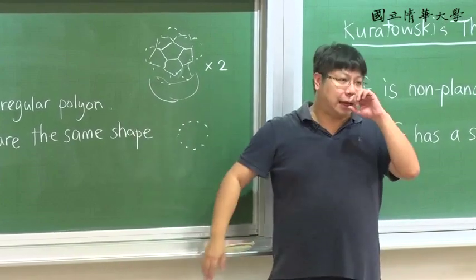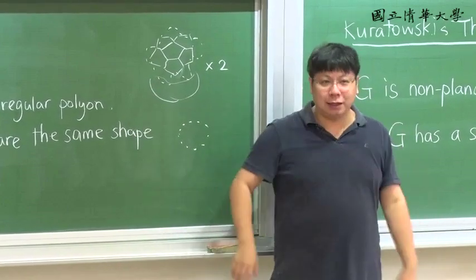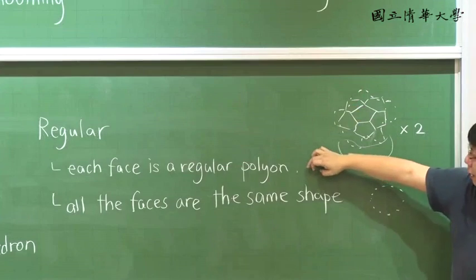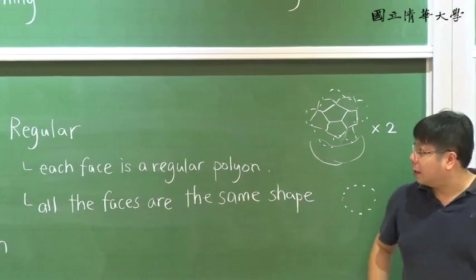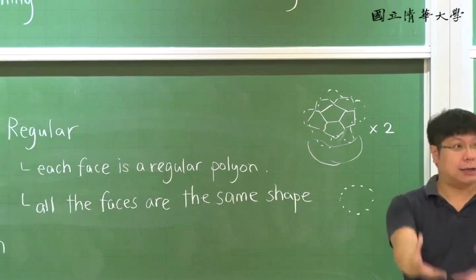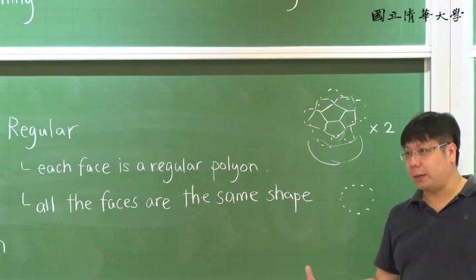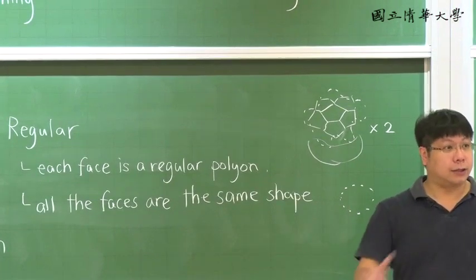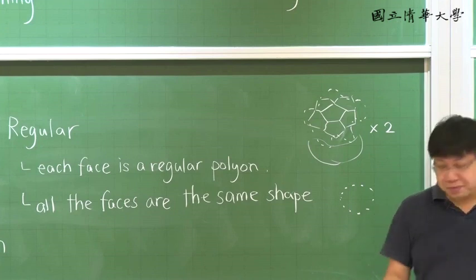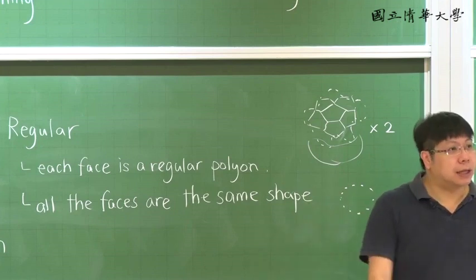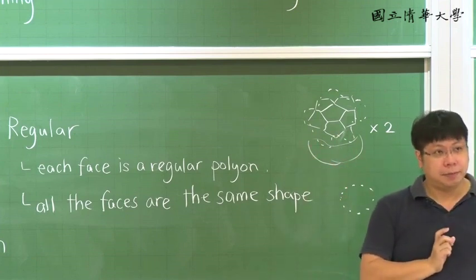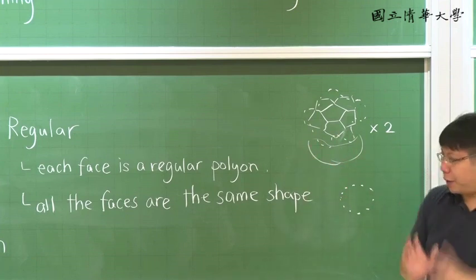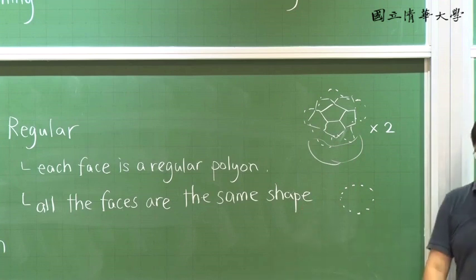If you allow some change in the faces, or in the regularity of each polygon, then you can have other solids, like a football made up of hexagons and pentagons. But here we are saying that all the faces should be the same polygon. With this requirement, there are just 5.